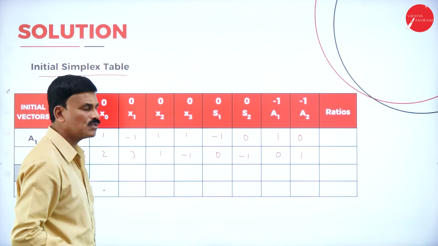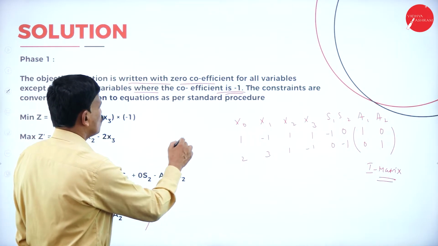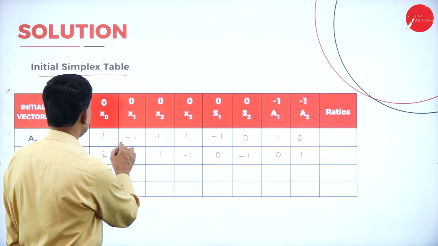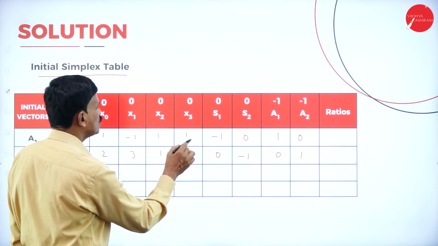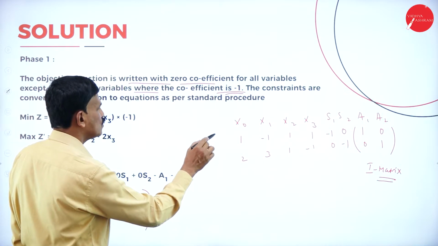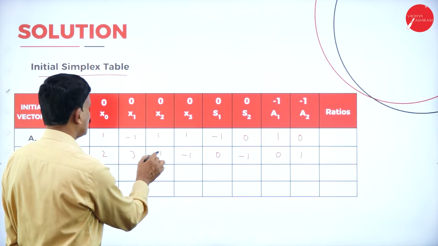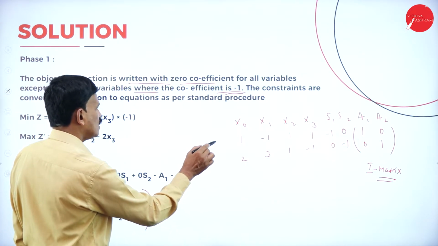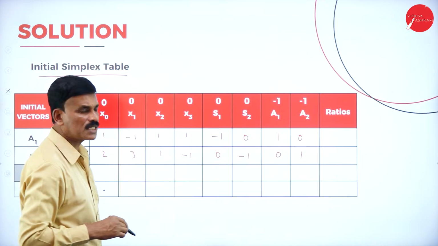These are the values. Just verify it. So 1, -1, 1, 1, 1, -1, 1, -1, 0, 1, 0, 0, 1, 0. Now for the second equation, 2, 3, 1, -1, 0, -1, 0, 1. So these are the values.